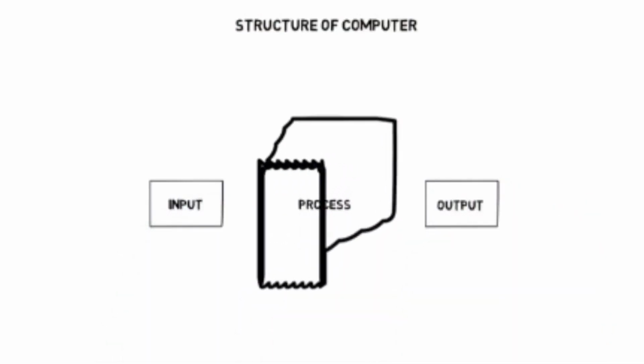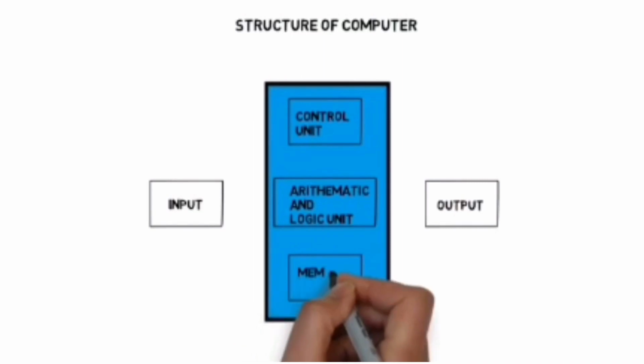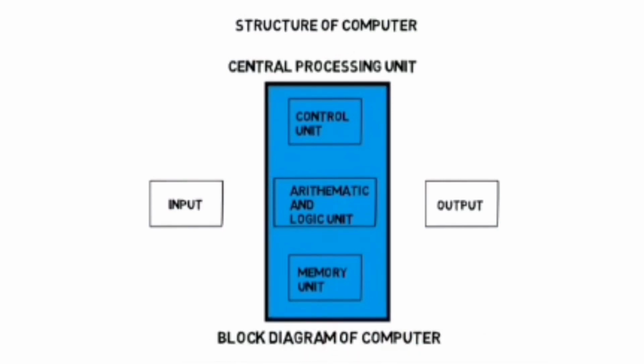Processing consists of three more components, that is control unit, arithmetic and logical unit and memory unit, which together are also called the central processing unit. So children, this is also called the block diagram of computer.